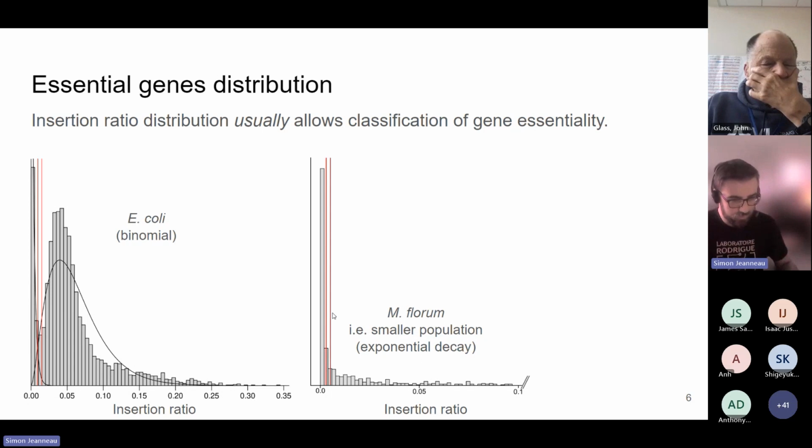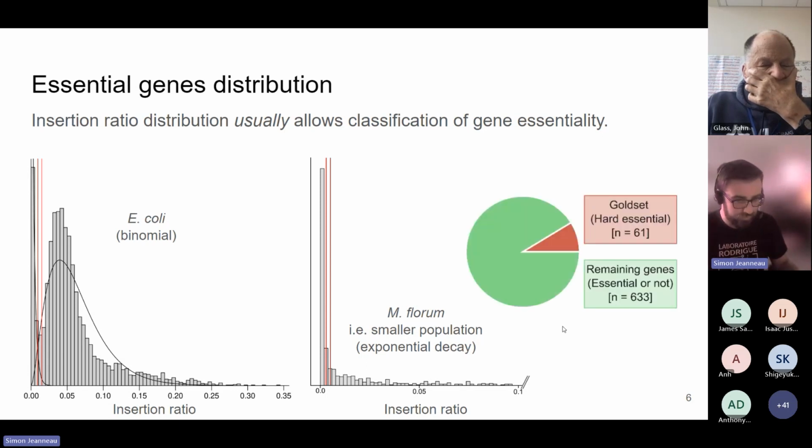So we cannot use the classic tools to separate our two populations statistically and be confident about where the line is between the two. So we had to do some curation work to create a hard essential gold set.